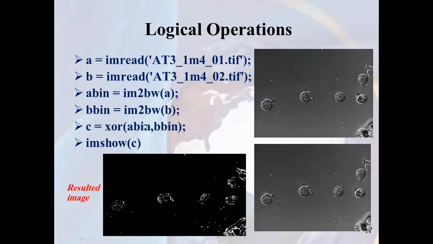And for that, the XOR between the binary images will result in this image where the black means either the two pixels are 0 or the two pixels are 1, which means they have the same value. The white color, which is 1, results from the XOR of 1 and 0, which means that either the first one is black and the second is white, or the first is white and the second is black, which means they are different.